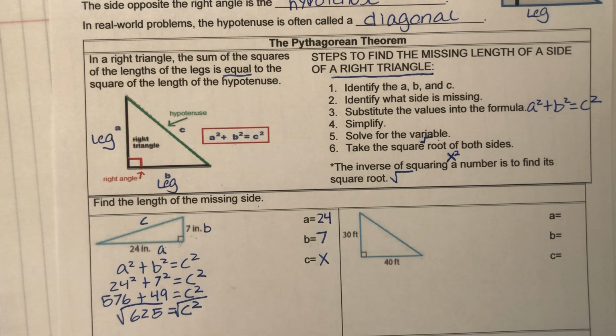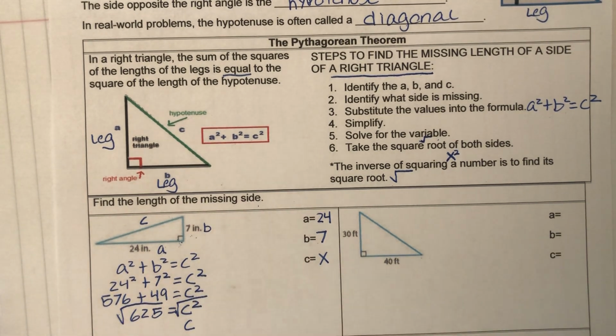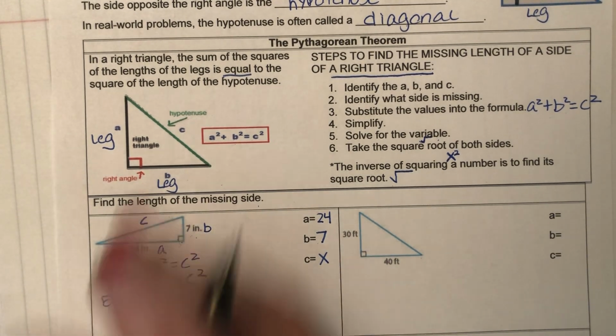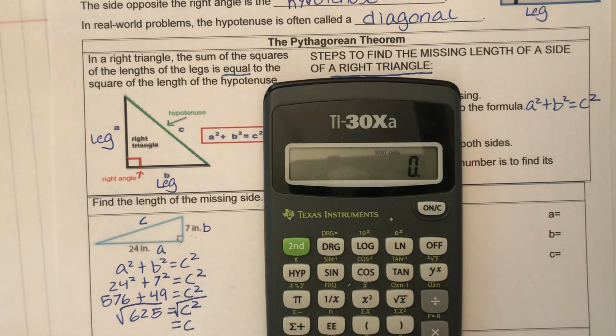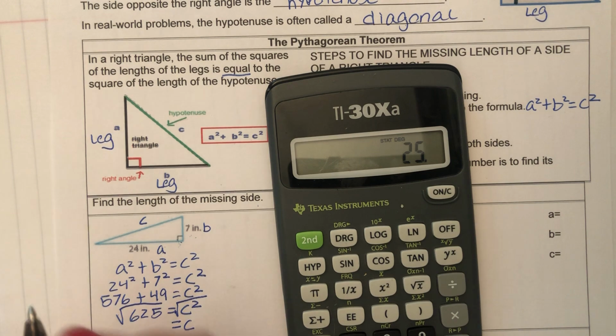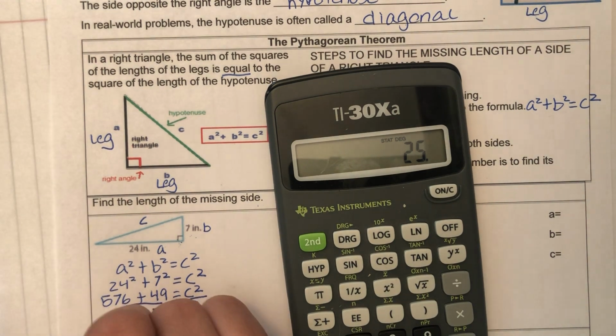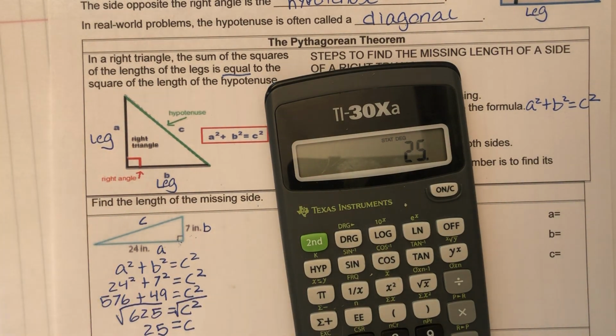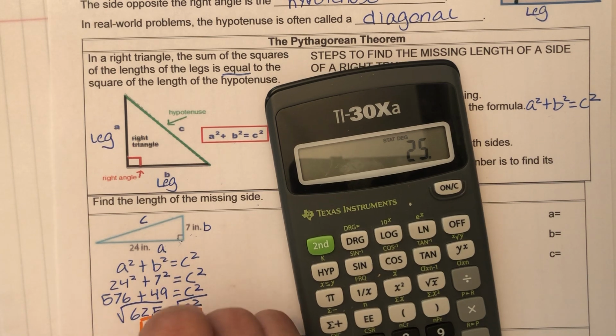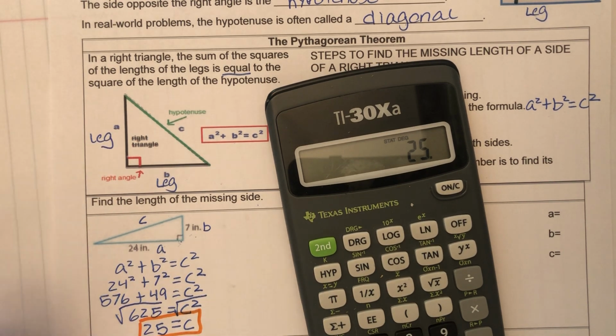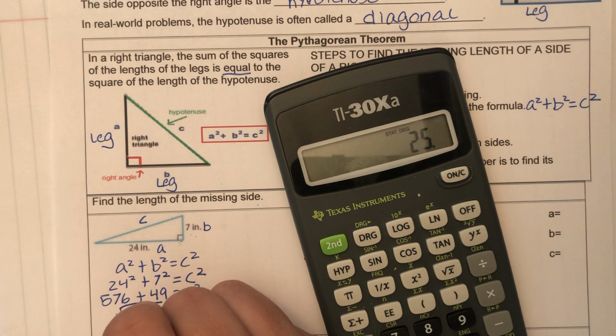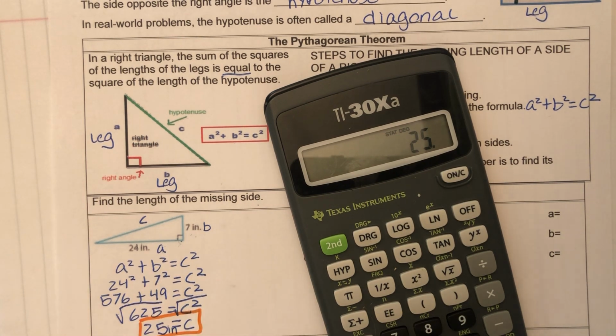By taking the square root of a number that's squared, it undoes it. And the square root of 625 is 25. And that is our answer. C is equal to 25 and our units is inches. So I'm going to just plug that in, inches.